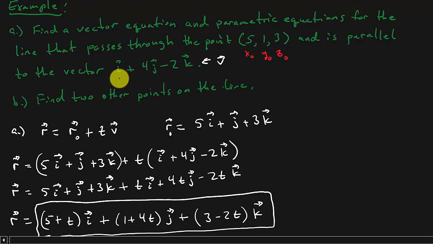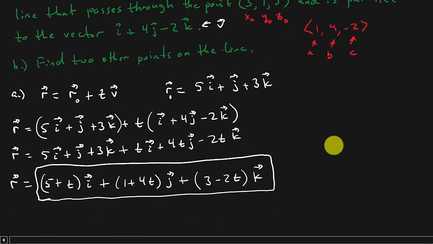And then remember, the coefficient of i, well, let's write this vector in component form, that's going to be 1, 4, negative 2. And so this is your A, this is your B, and this is your C.